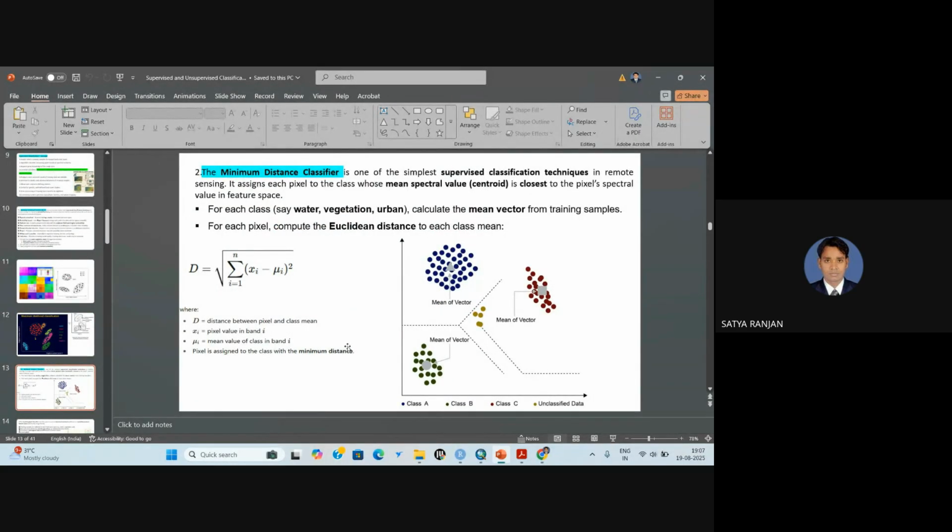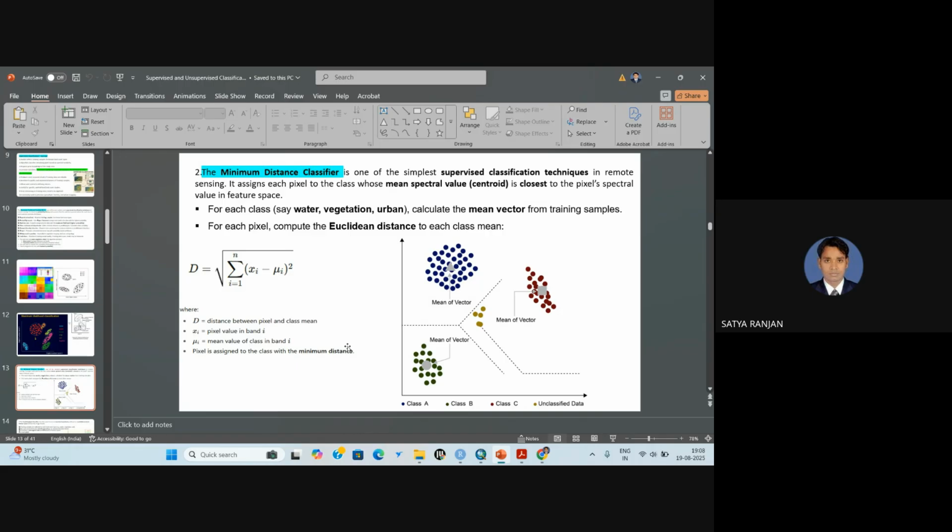Then the minimum distance classifier, which is also a supervised classification. It is the simplest supervised classification technique, and it assigns each pixel to the class whose mean spectral value, the centroid, is closest to the pixel's spectral value in feature space.